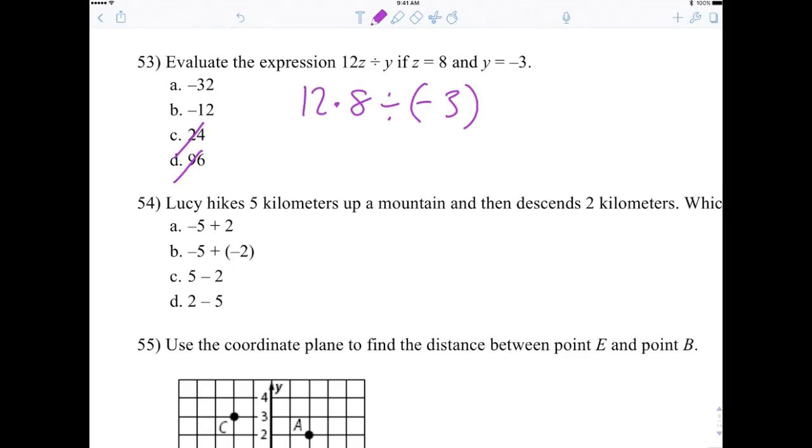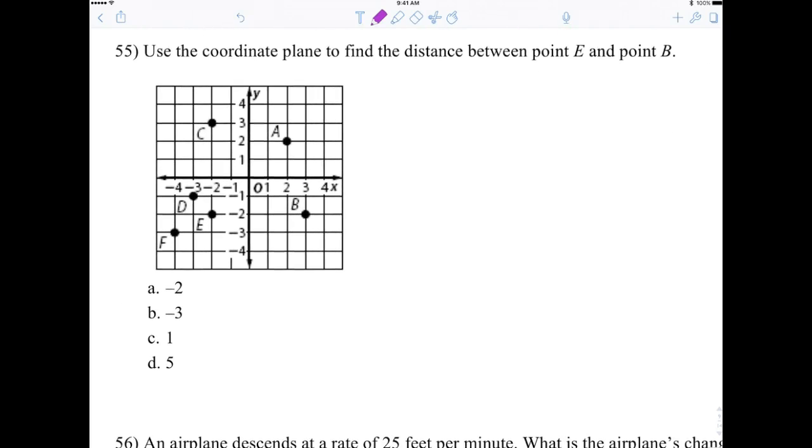So now, what's 12 times 8? 8 times 10 is 80, 8 times 2 is 16, 80 plus 16 is 96. 96 divided by negative 3. Now, 3 goes into 9 how many times? 3. So I know it's not 12. Is everybody good on that? Good test-taking strategies here for you guys. Correct answer is A.